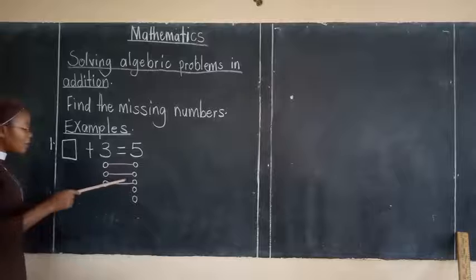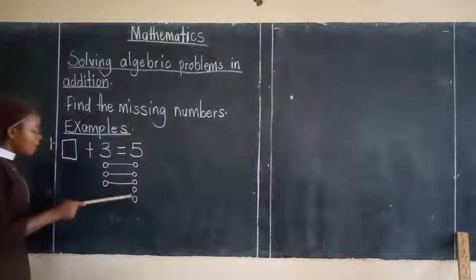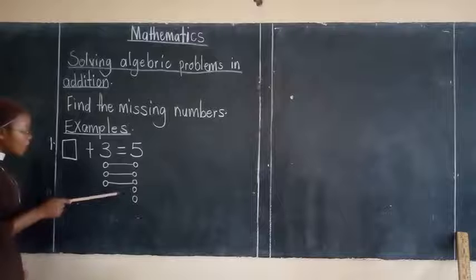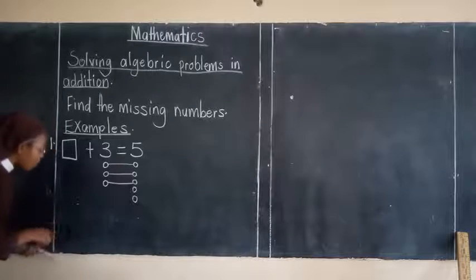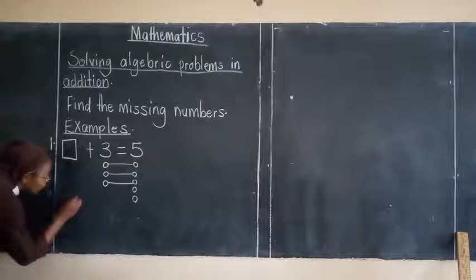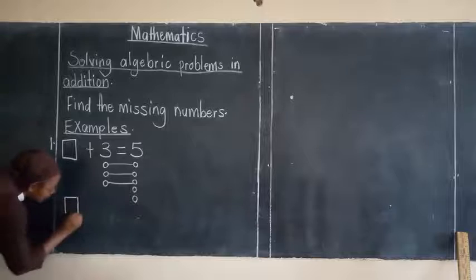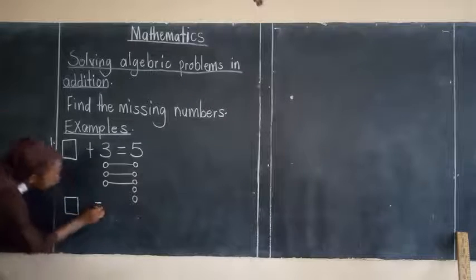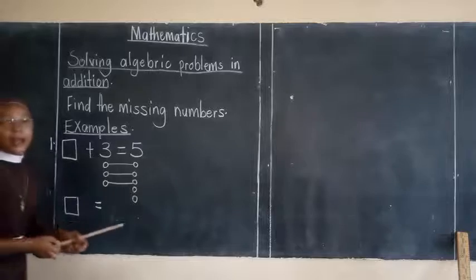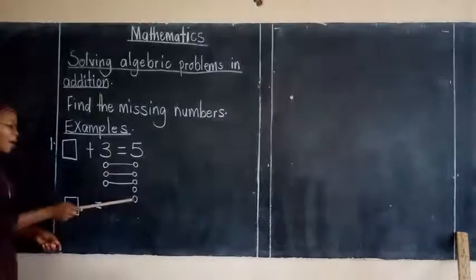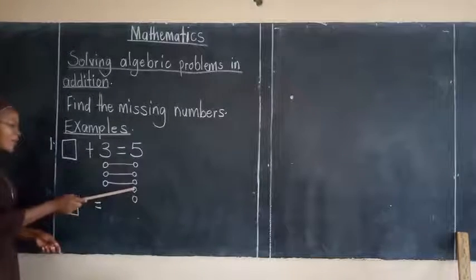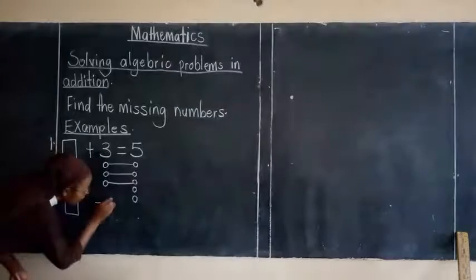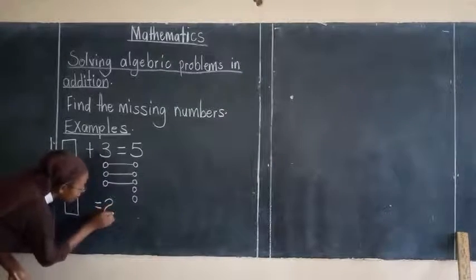This has been matched with this one, 3. And these two have nothing to be matched with. So we shall draw our box here and we say box equals, we count the remaining ones. Let's count together. 1, 2. Has everybody got 2? Yes. So we write 2 here as our answer.